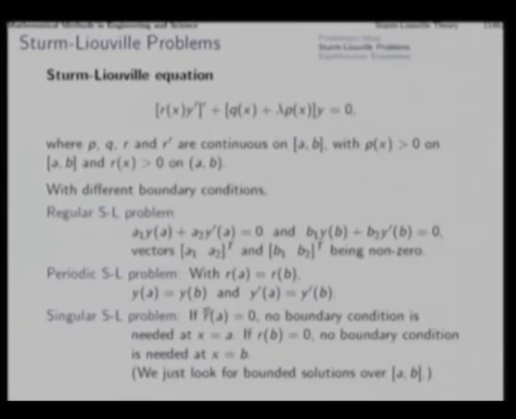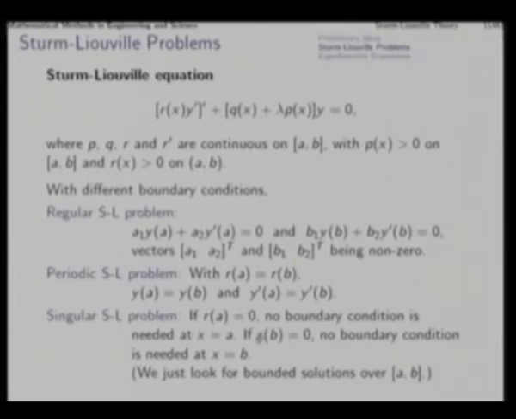In a singular Sturm-Liouville problem, which is a very special critical kind of case, if this function R A is 0 at one boundary, say at x equal to a, then to define the Sturm-Liouville problem at that boundary we do not need a boundary condition.